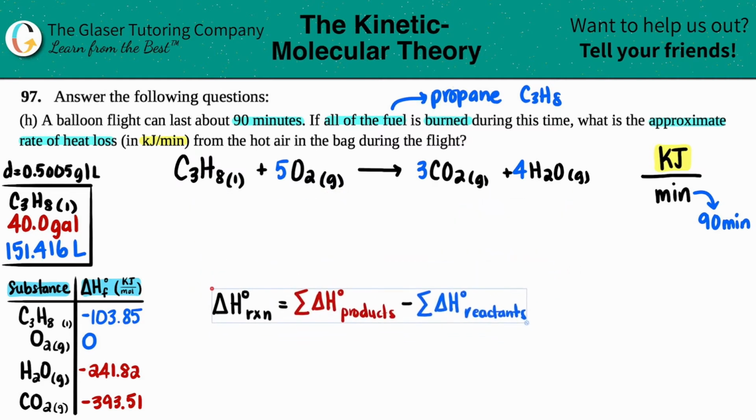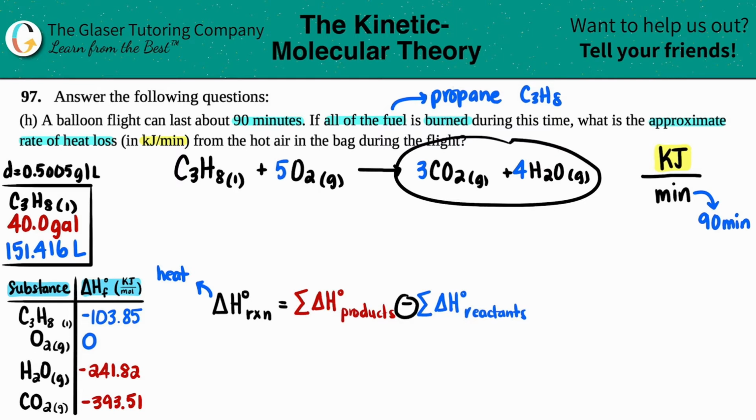So all we have to do is find that total heat of reaction. Remember, delta H is enthalpy, or a fancy way of saying how much heat is being produced. All we have to do is find the sum of the delta H's of the products minus the sum of the delta H's of the reactants.